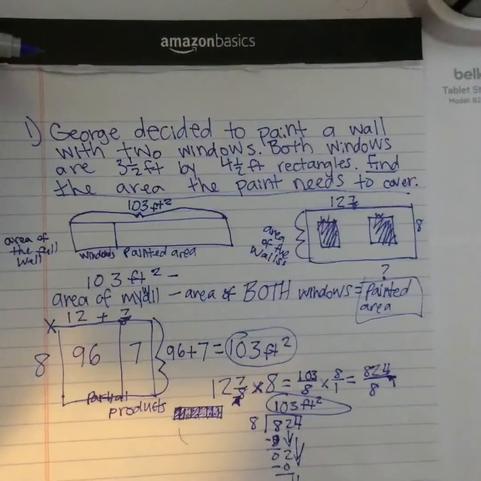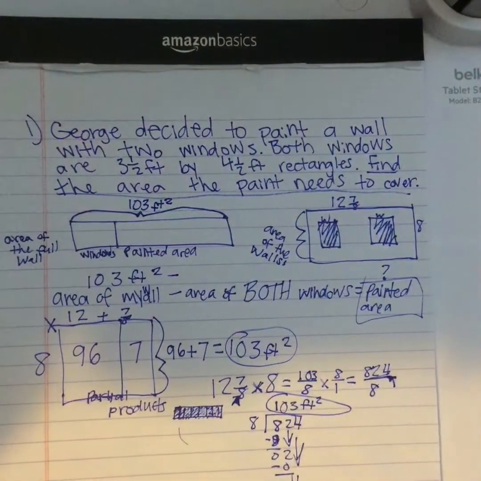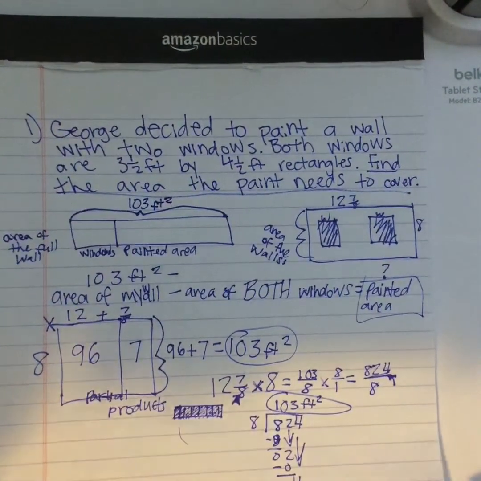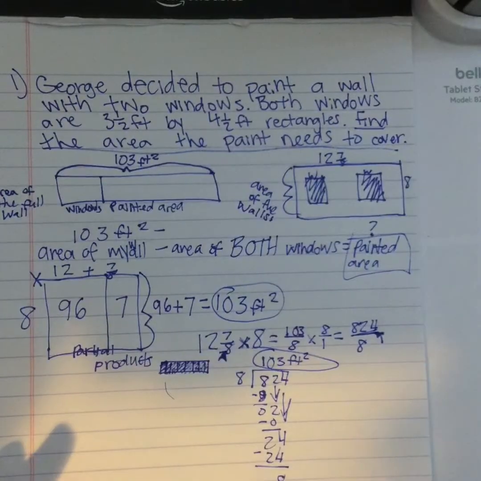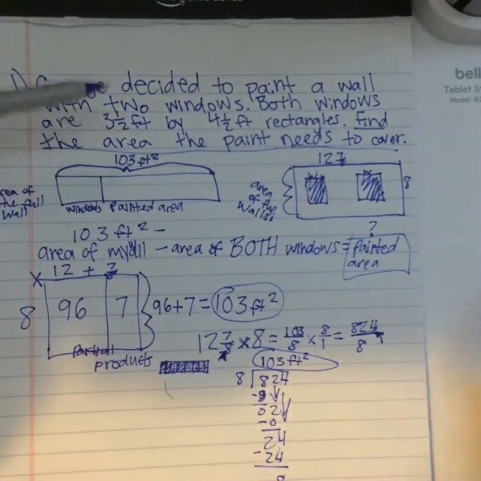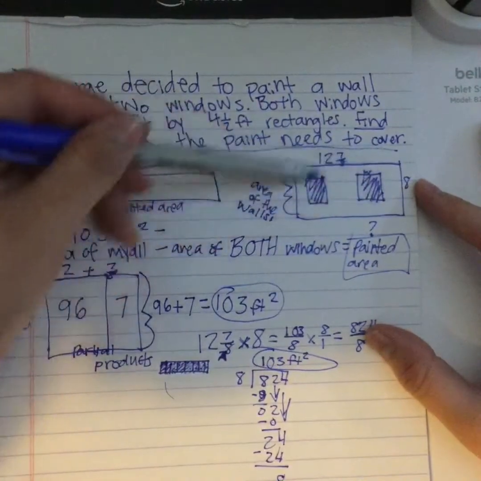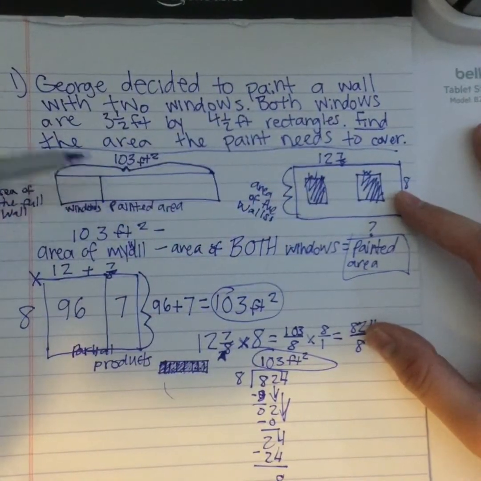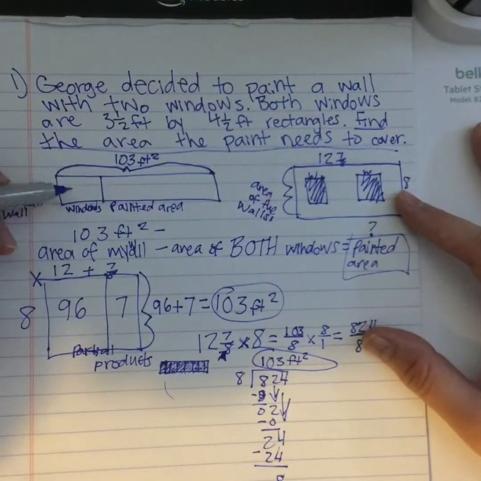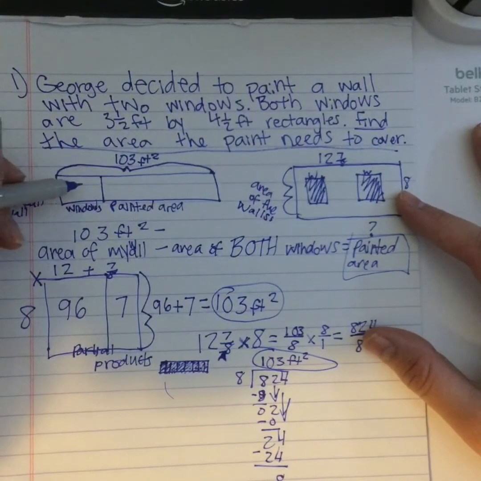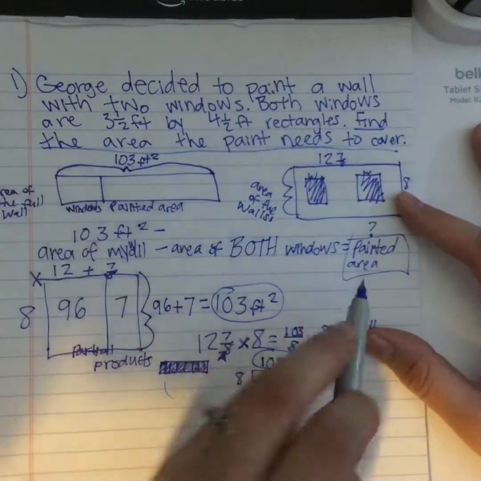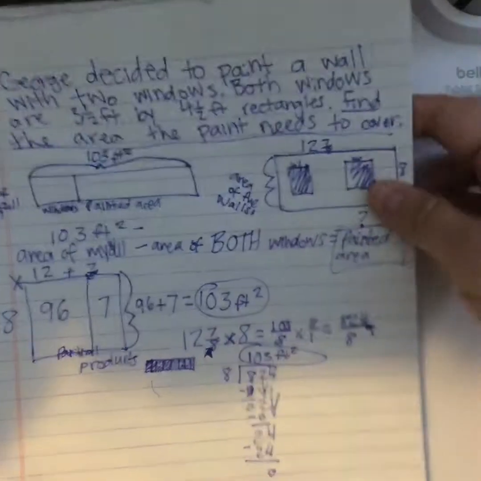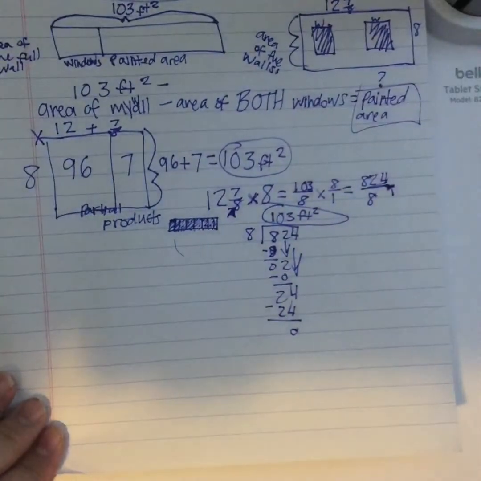Whoops, this got blurry at some point. 103 feet squared. Okay. Now I know in my visual diagram that the whole wall is 103 feet squared. Now I just need to find the windows and then subtract those windows from that 103 feet to get my painted area. So let's go ahead and do that.